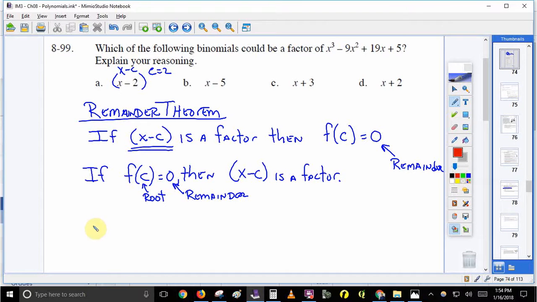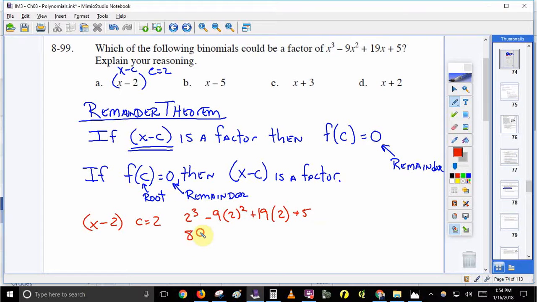So we're going to test x minus 2, where c equals 2. We're going to say 2 cubed minus 9 times 2 squared plus 19 times 2 plus 5. And we're going to see what we get for a remainder here.